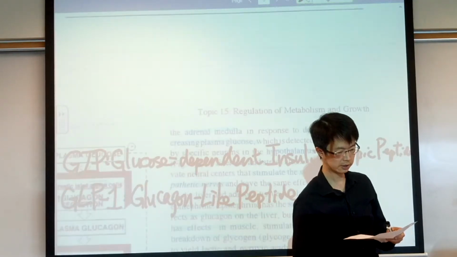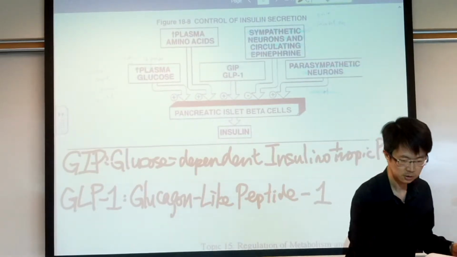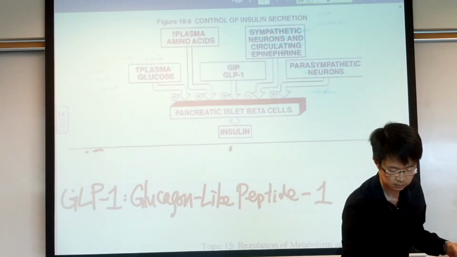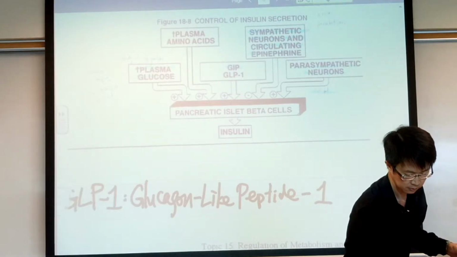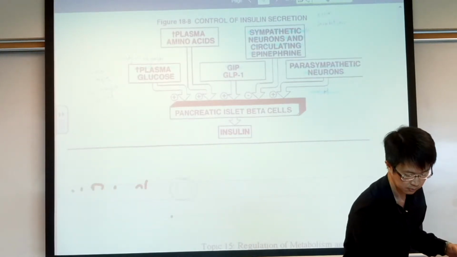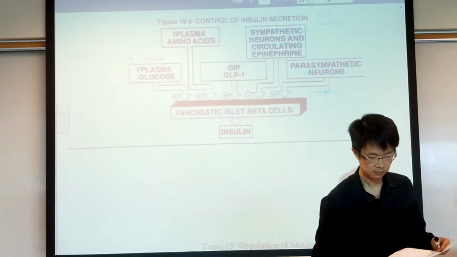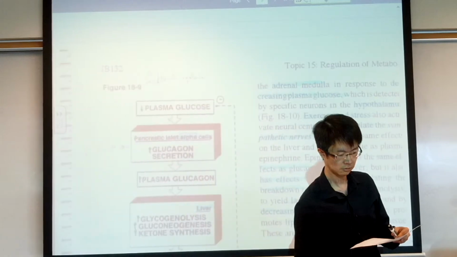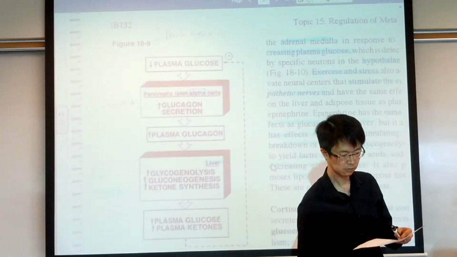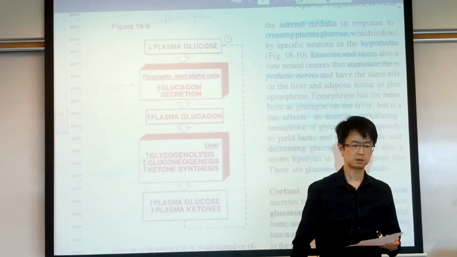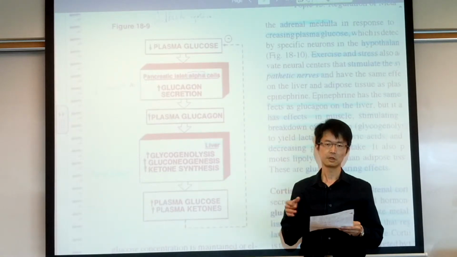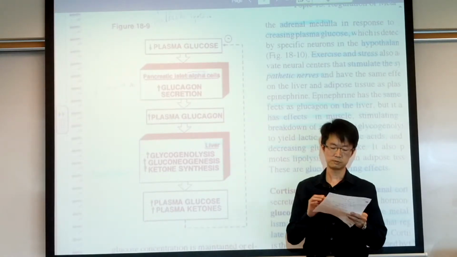Which one is the antagonist of insulin? Yes, it will be glucagon, because glucagon has the opposite effect of insulin.